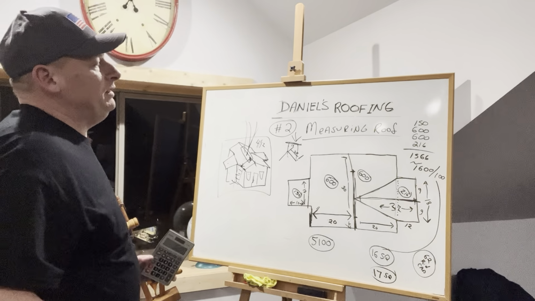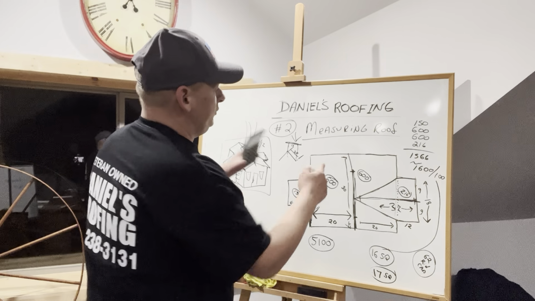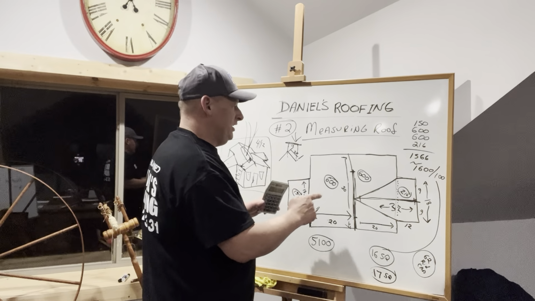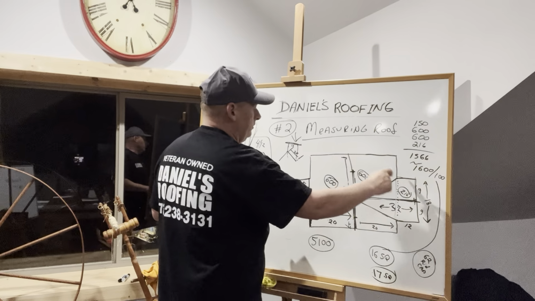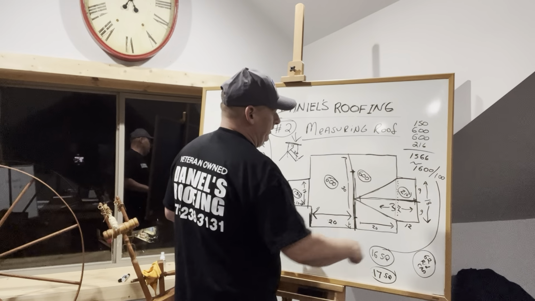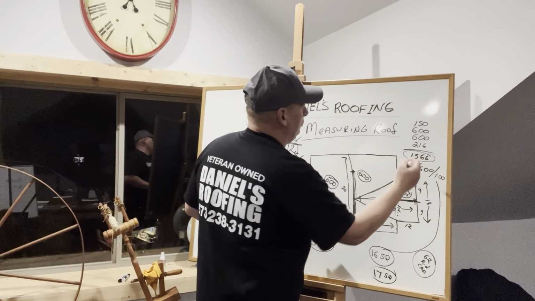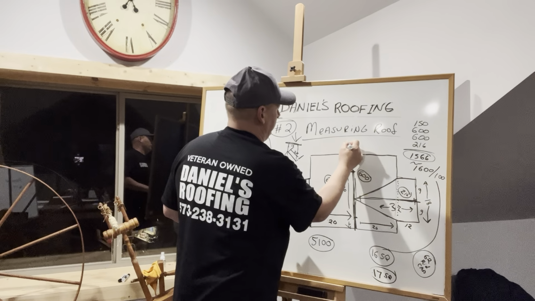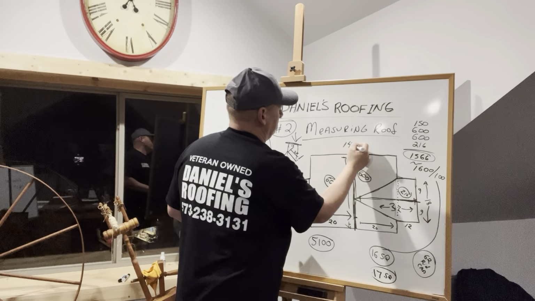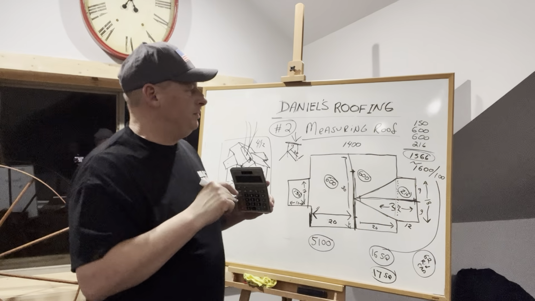So what's going to happen is, if this roof was measured in reality on the Measure Map, whenever you do all this, it might come to 1,400 on the app.